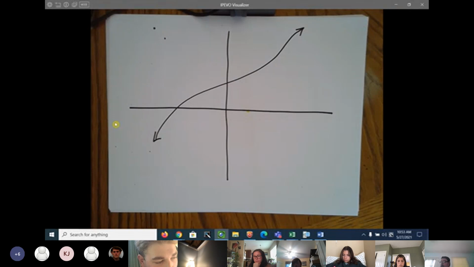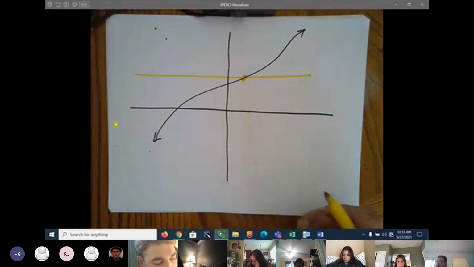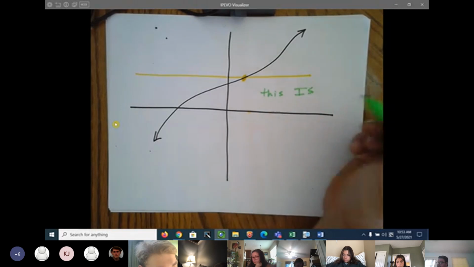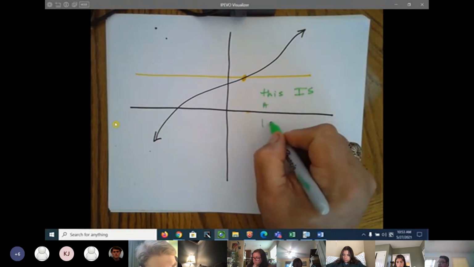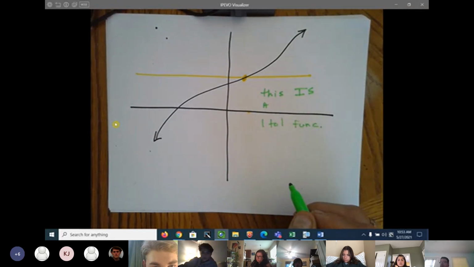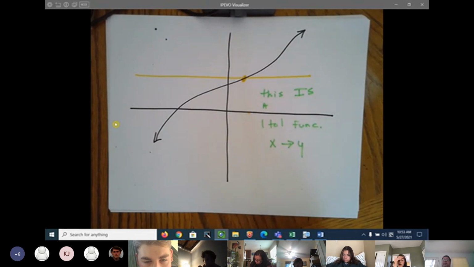If I draw a horizontal line test and I cross the function at one point, then this is a one-to-one function. What does a one-to-one function mean? That means for every x, you have a y. You don't have two y's. You don't have four y's. You have one y.